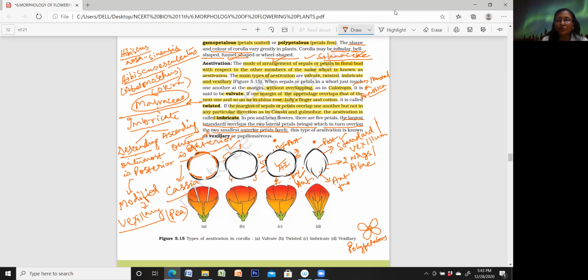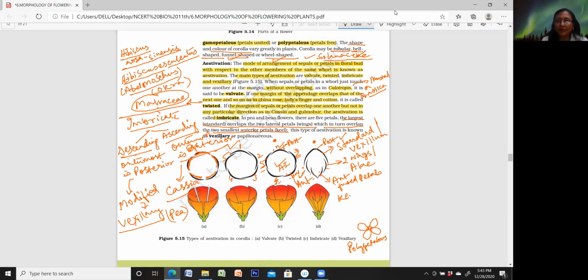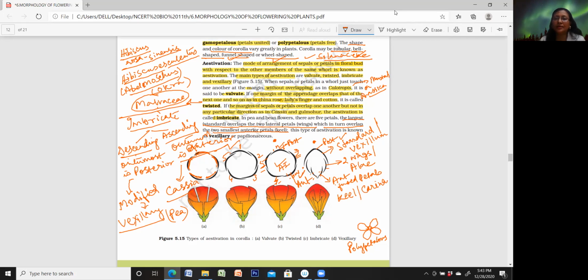The anterior fused petals are called keel or carina. So these are the alternate names: standard or vexillum, wings or alae, and keel or carina. So this makes the pea flower aestivation vexillary, or the flower papilionaceous, which I told you already.